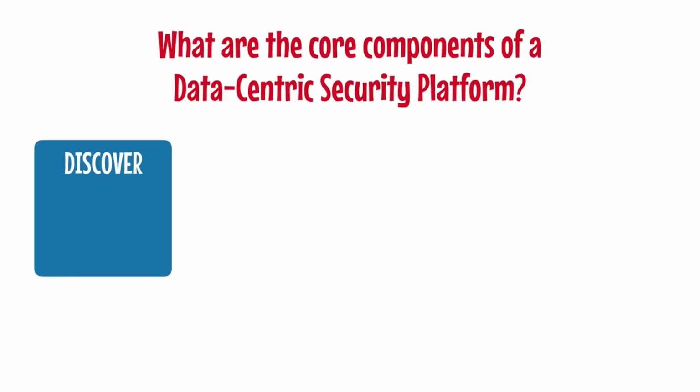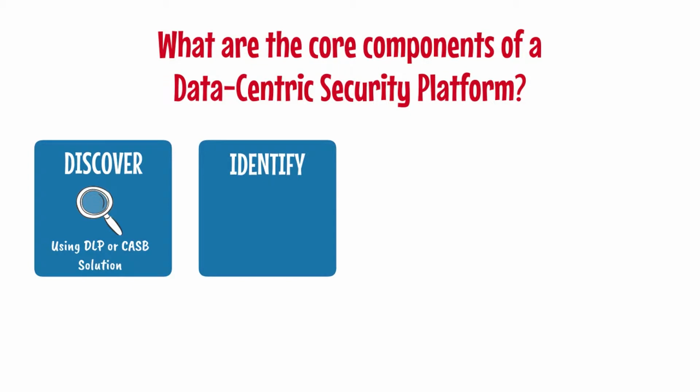There are 4 primary components of the data-centric security model. The first is discover, detecting where sensitive information is across the organization using a content-aware DLP or a CASB solution. Identify, labeling the sensitivity level of a document or information, typically done using data classification tools.